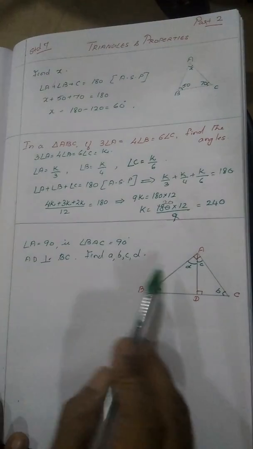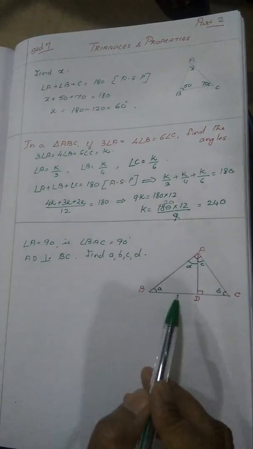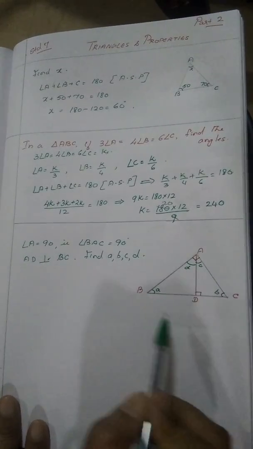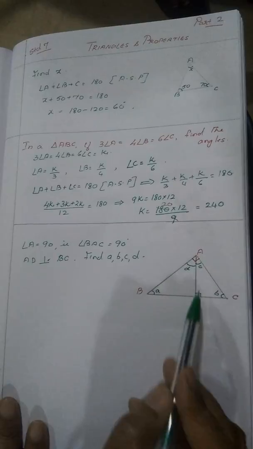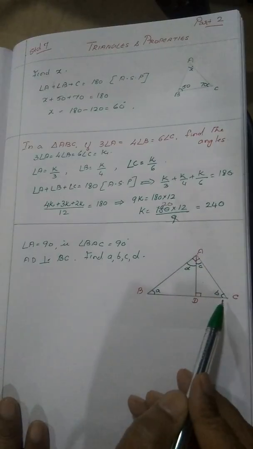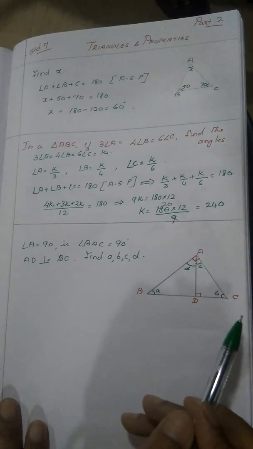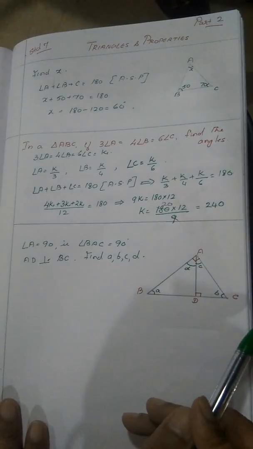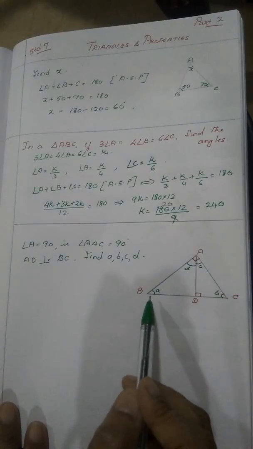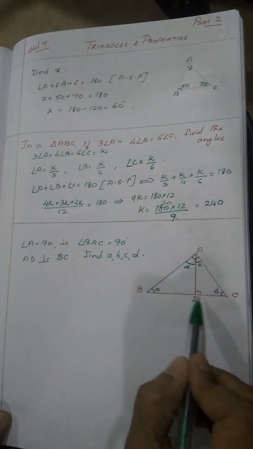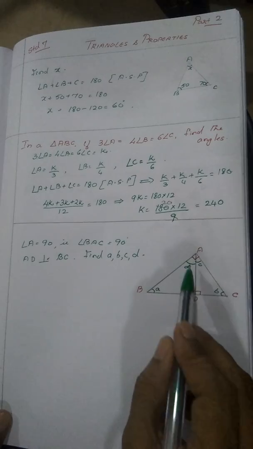Now here it's given angle BAC is 90 and AD is perpendicular to BC. We have to find angle A, B, C and D. So here it is given AD is perpendicular.